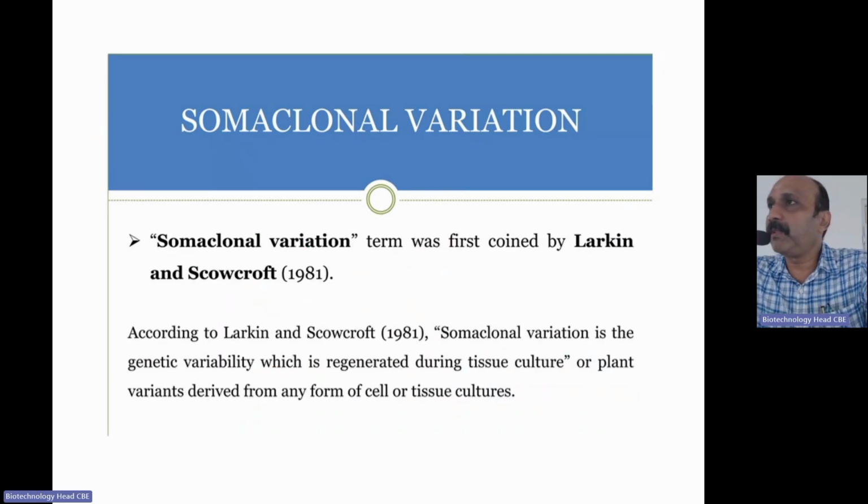So this entire topic can be in a 5 mark question: what are somoclones and how to obtain the somoclones? Somoclone was first coined by Larkin and Scowcroft. According to them, somoclonal variation is the genetic variability which is generated during tissue culture, or the plant variants derived from any form of a cell or a tissue culture.